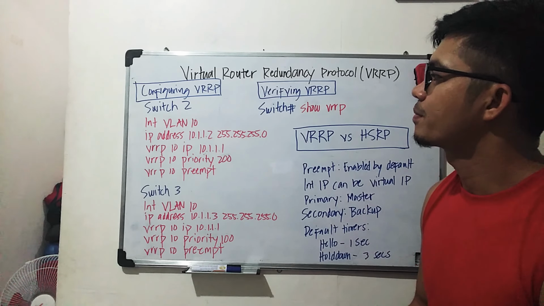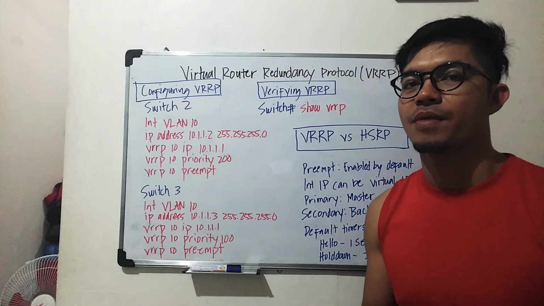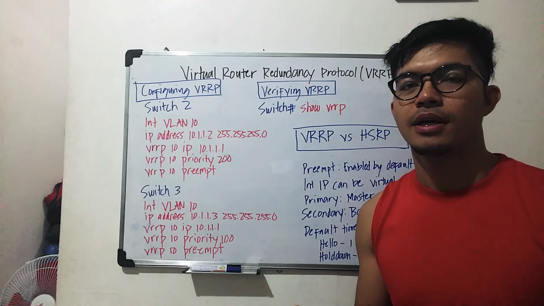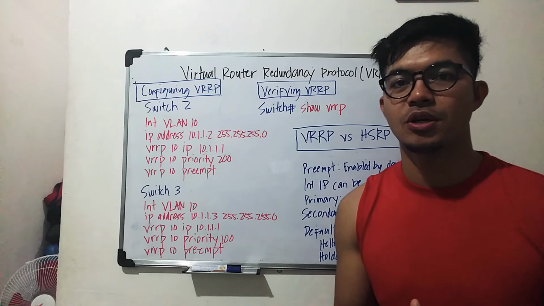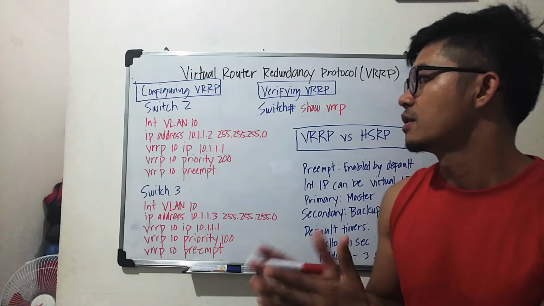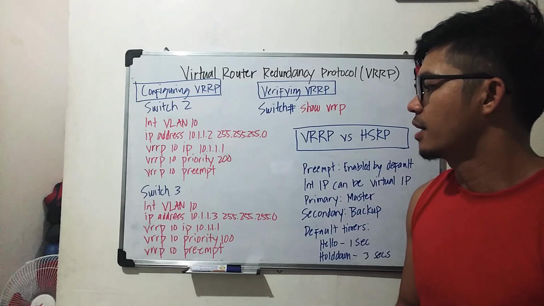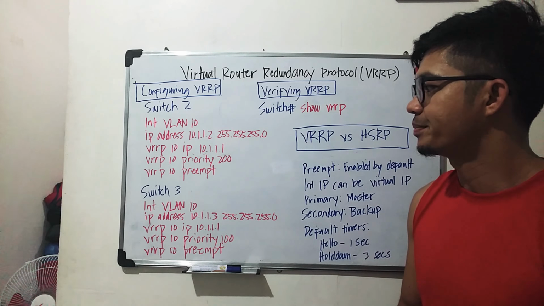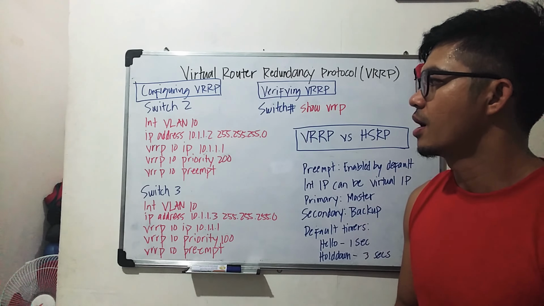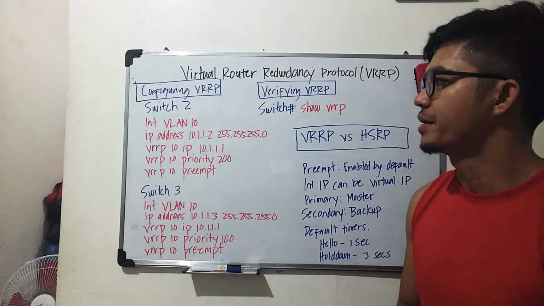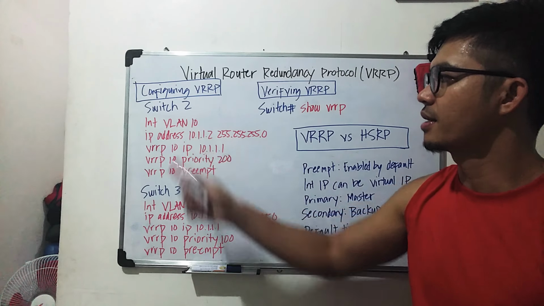So let's talk about how to configure it. I would suggest that you watch the video where I discussed how HSRP operates, because I'm actually using the same IP addressing and also the layer 3 interfaces, in this case interface VLAN 10.